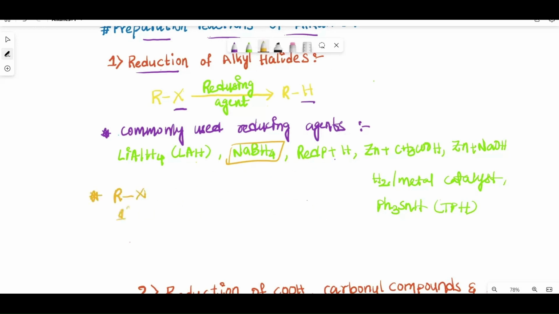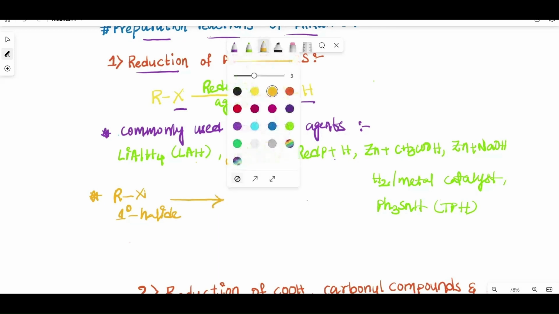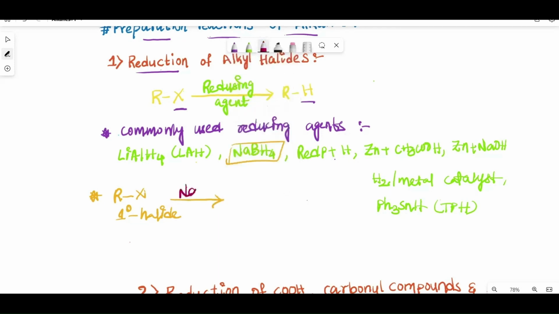Let's say this is a primary halide. If you add NaBH4, this reaction won't occur because NaBH4 doesn't reduce the primary halide.